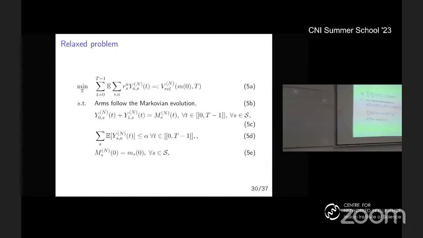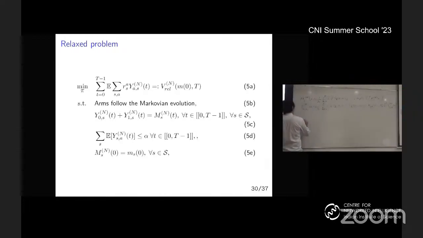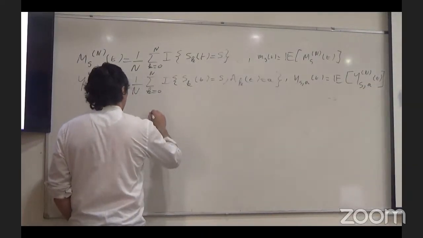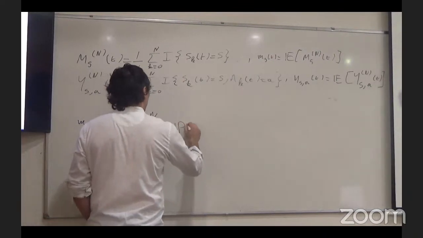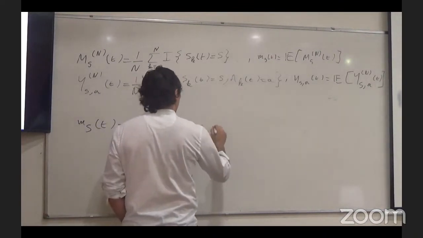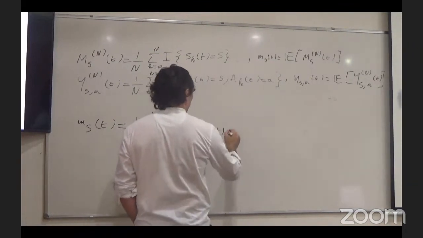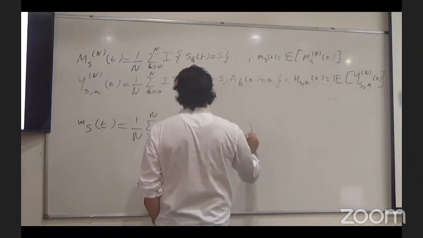So what we have is ms of t, which is equal to 1 over n, summation over k equals 0 to n, of the probability of sk of t is equal to s, right?